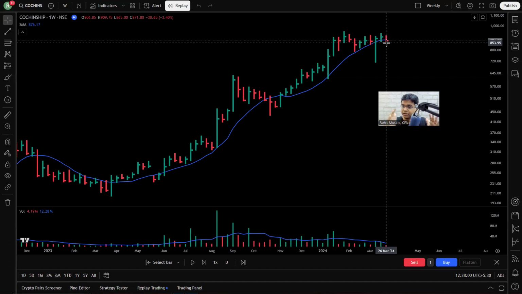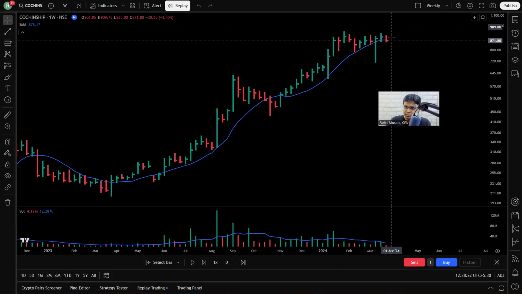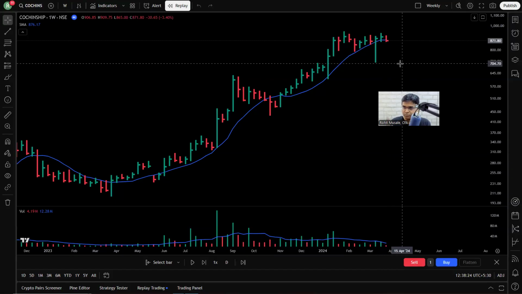But in my view, they are equivalent. So for example, if the price closed below the 10-week simple moving average, there is a good chance that on the daily chart, the price has closed below the 50-day simple moving average. May not happen all the time, but would happen most of the time. That is what I would guess. So in such cases, just before the stock breaks out, there is a possibility that the stock might not show up on your filtered list.